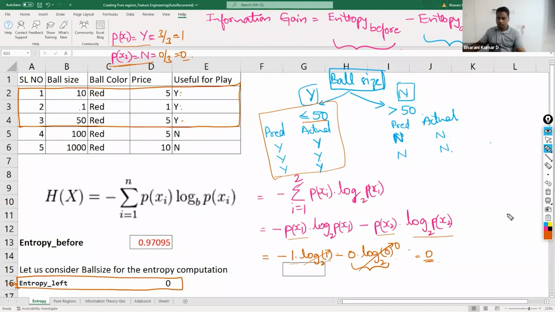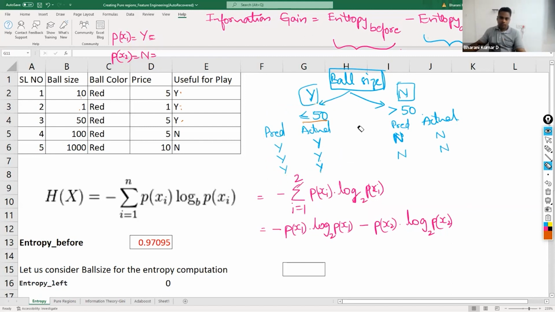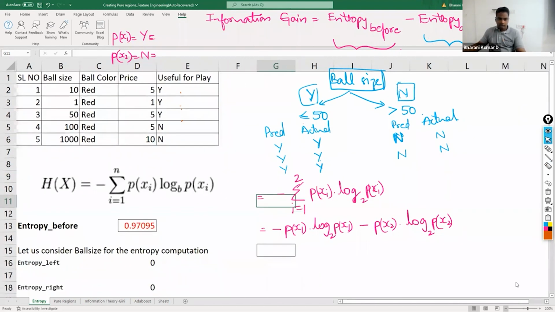Clear? Okay. Now what we will do is we will calculate the entropy towards the right side.